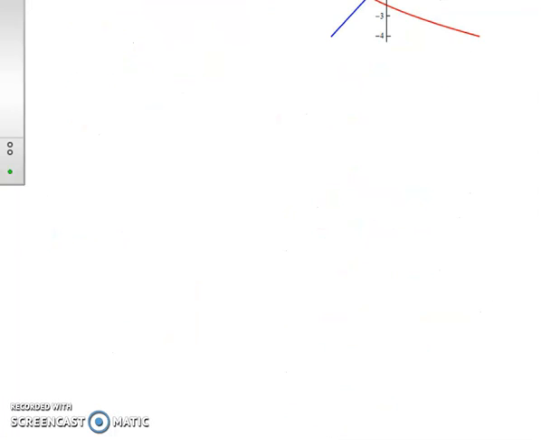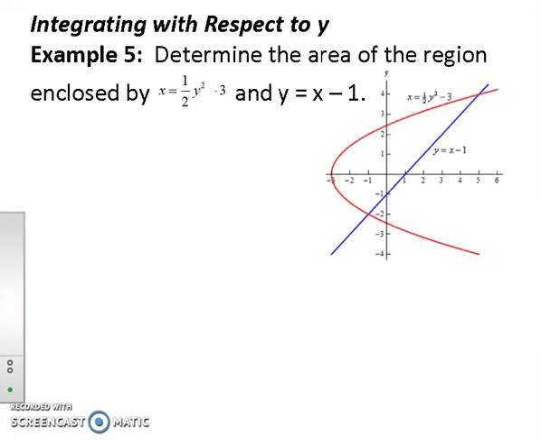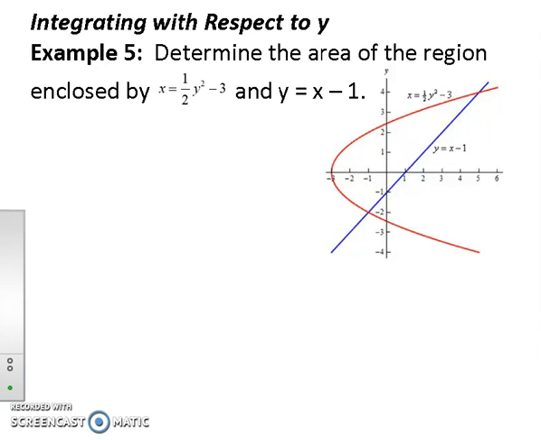So what if we change our perspective a little bit? Nobody really said that we had to always do all integrals with respect to x. So what if we integrated with respect to y instead? Here, for example, it says determine the area of the region enclosed by x equals 1/2 y squared minus 3.